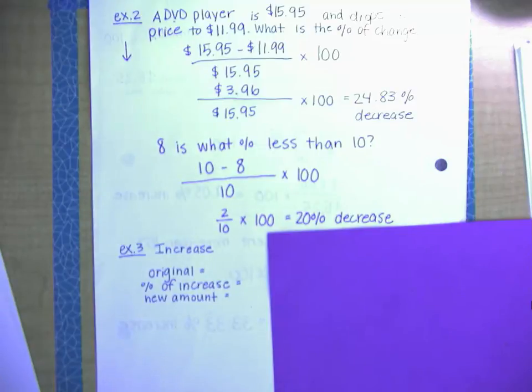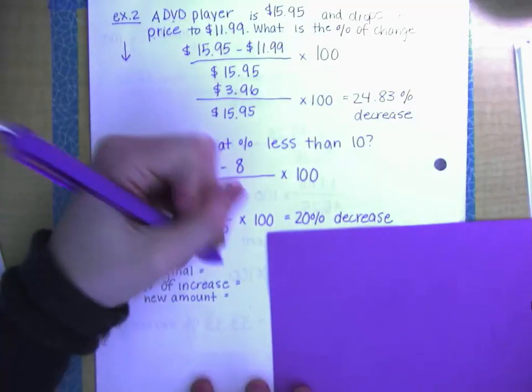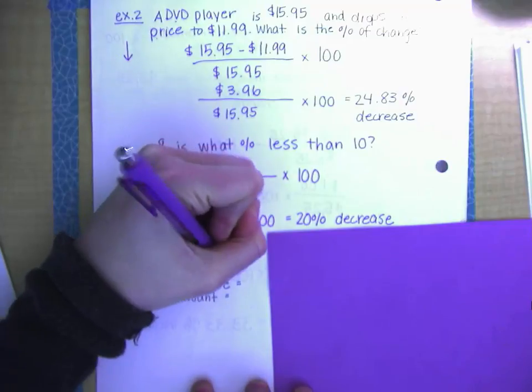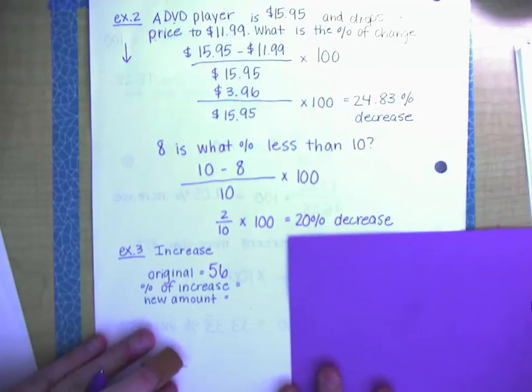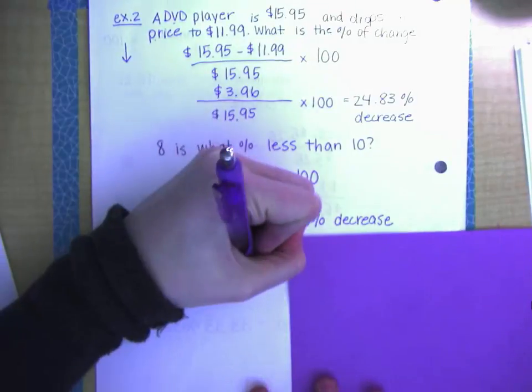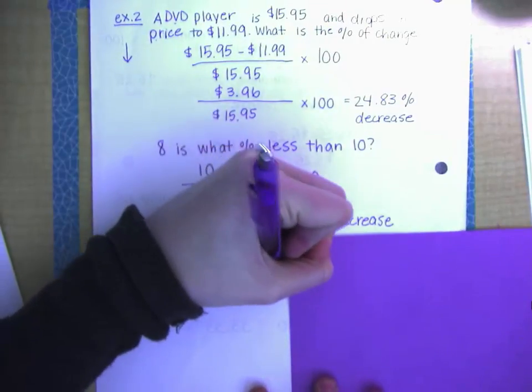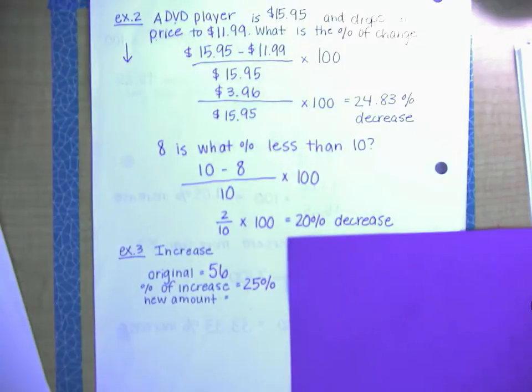All right, so let's say we start with 56, and we are going to increase that number by 25%. So now you want to find the new amount.